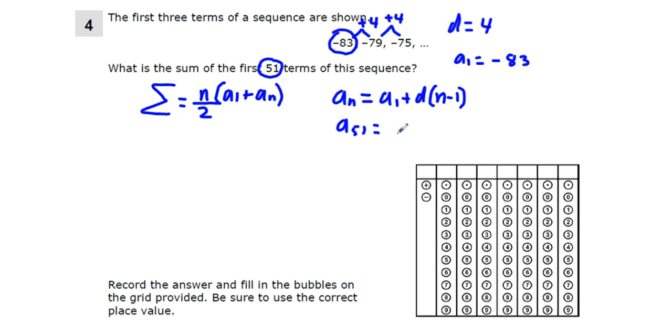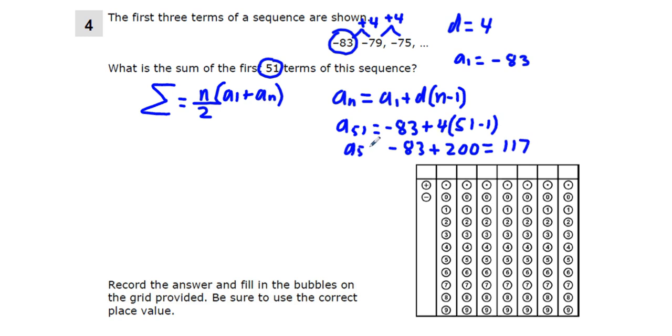That's going to be a sub 1, which is negative 83, plus d, and d is 4, times 51 minus 1. So we're going to have negative 83 plus 4 times 50, which is 200. So negative 83 plus 200 should be 117, I think.